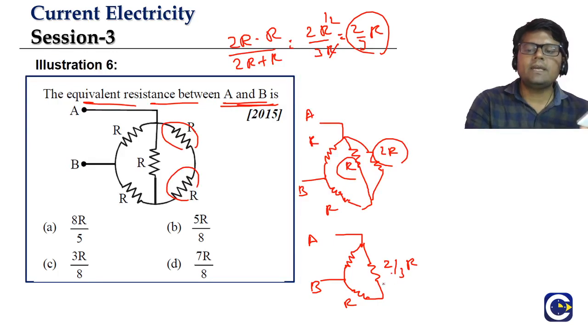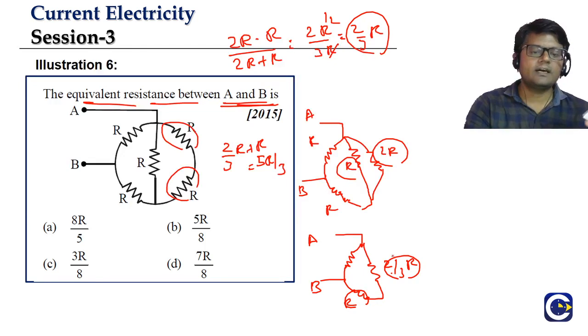Now you see the 2 by 3R and this R have no connection in between them, no junction. They are in series, so the equivalent value will be 2 by 3R plus R, which is going to be 5R by 3.